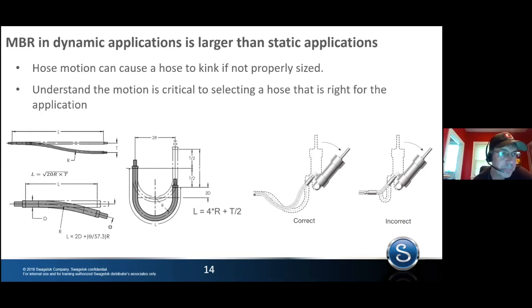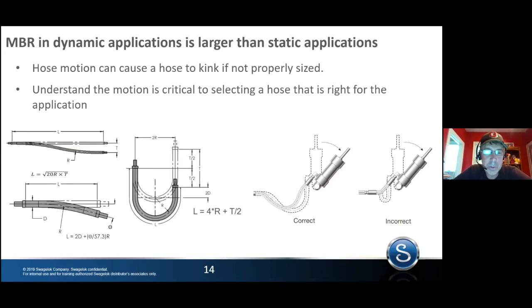So for example, on the tire press, where the tire press is moving up and down 6 feet, if the hose fails in a month, like what we were seeing, many times it's because the hose wasn't the right length and it kinks very quickly at the end connection. When we go in and use these equations and determine the right length, the hose will last much longer because it's not being damaged by the kinking that happens when the hose isn't the right length.